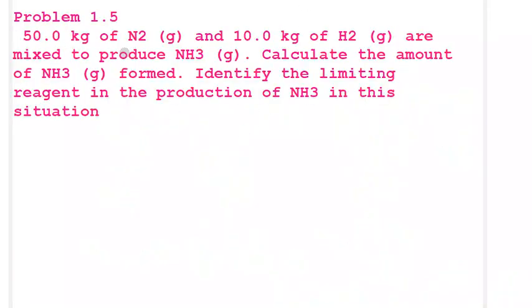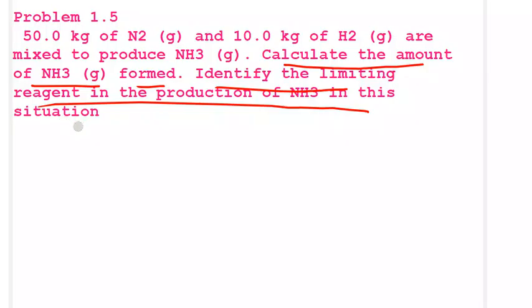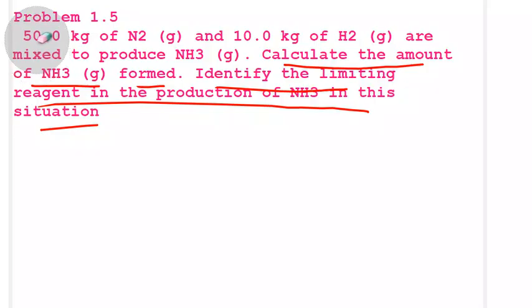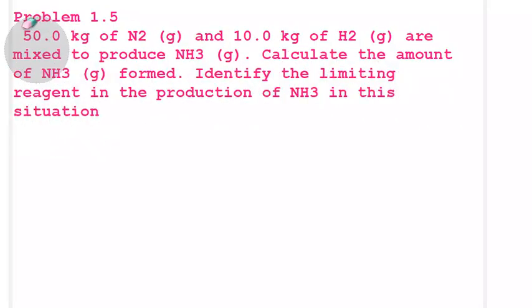50 kg of nitrogen and 10 kg of hydrogen are mixed to produce ammonia. Calculate the amount of ammonia formed. Identify the limiting reagent in the production of the ammonia in this situation. First we write the chemical equation for this. Nitrogen plus hydrogen we get ammonia.